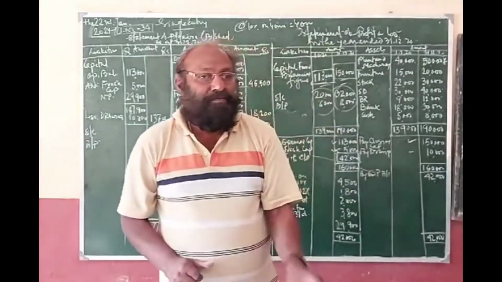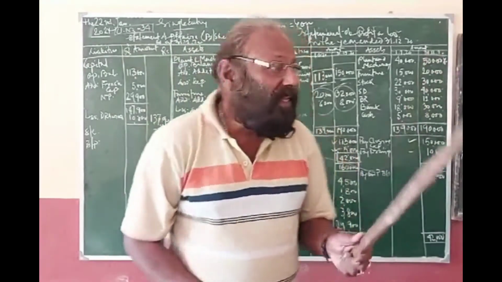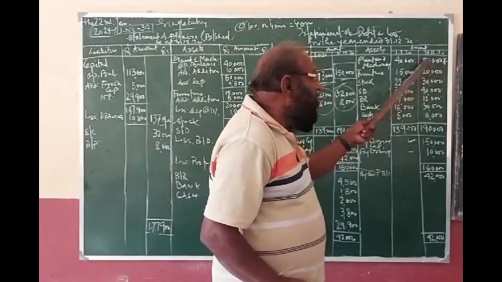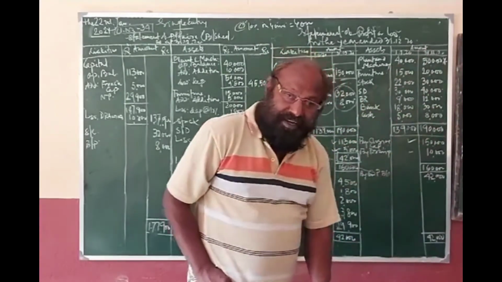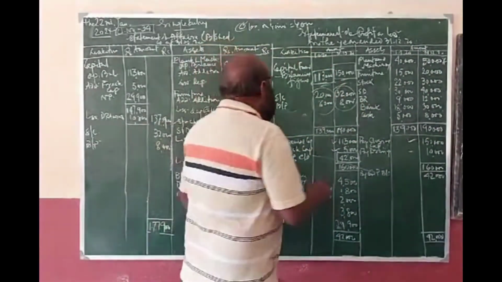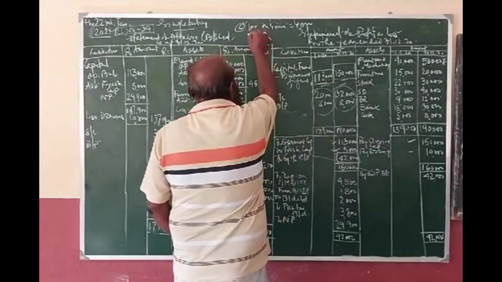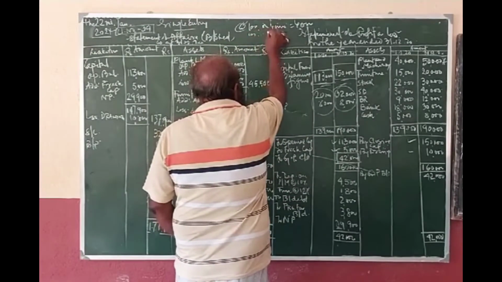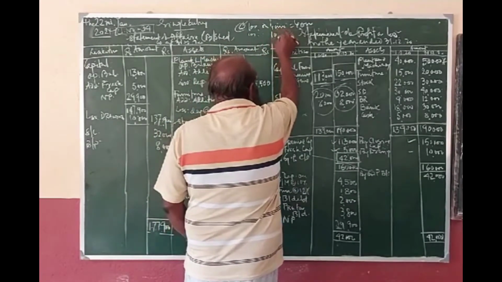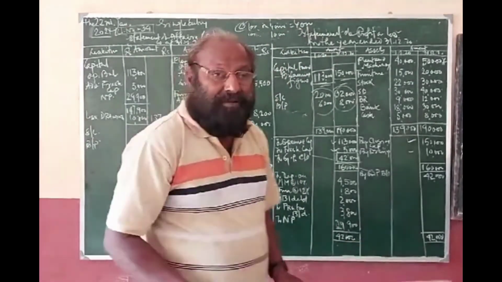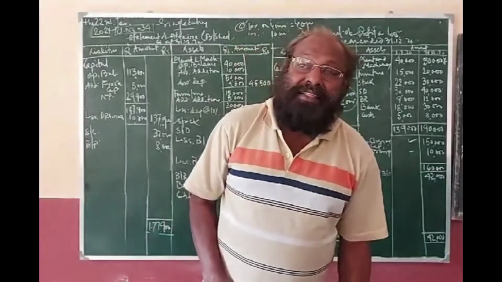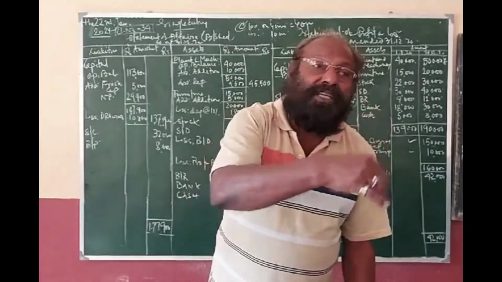If you think that the asset was purchased at the opening date of the year, that is, the addition was made at the opening date, then you would have to charge at the rate of 10% per annum on 10,000 for the full year. Clear?